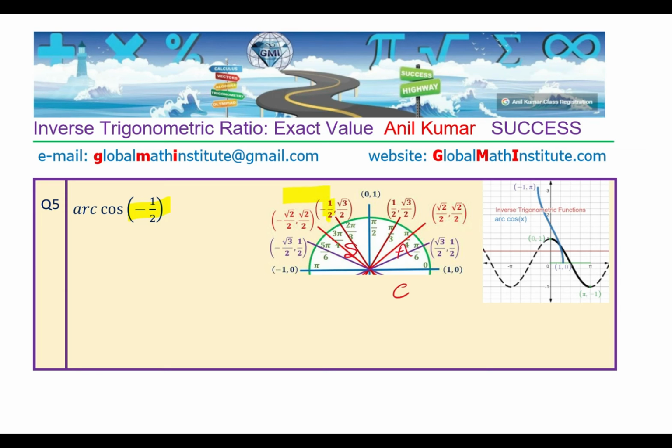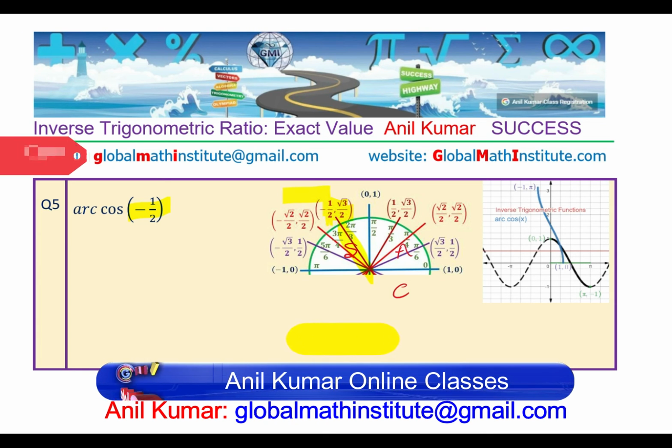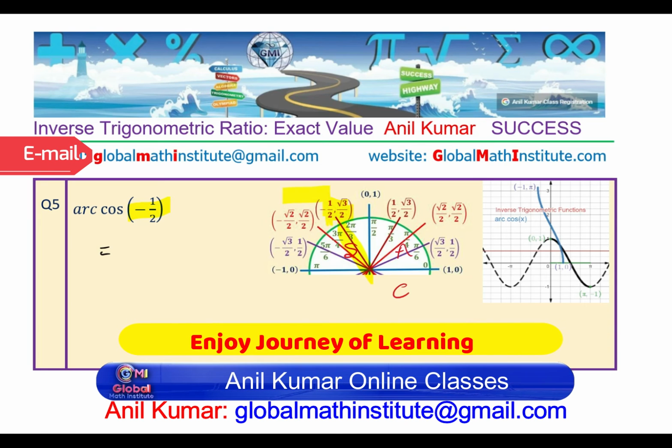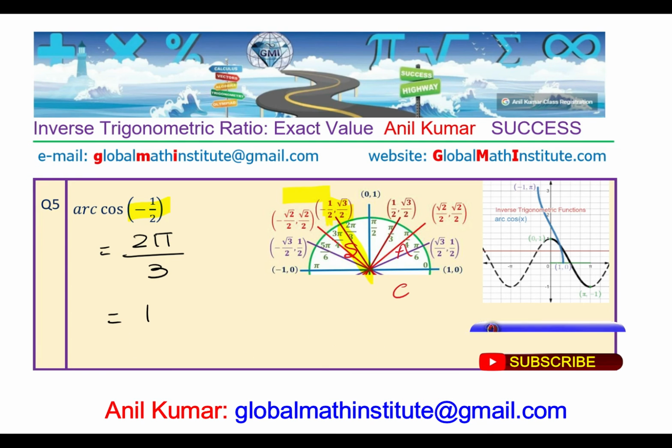So if you see, this is the x value in unit circle being minus half, and that's the value, right? So you can read it is 2 pi by 3. So we get this value as 2 pi by 3 from the unit circle directly, correct? Or you can also write this as 120 degrees. Is that clear to you? So it is that simple. Just reading directly from the unit circle.